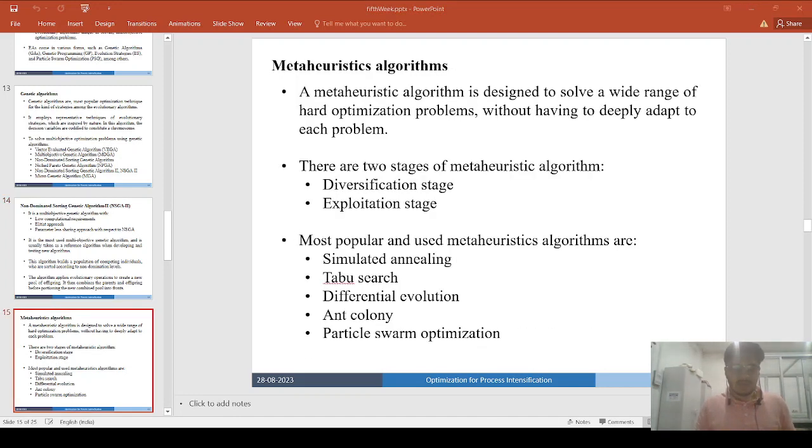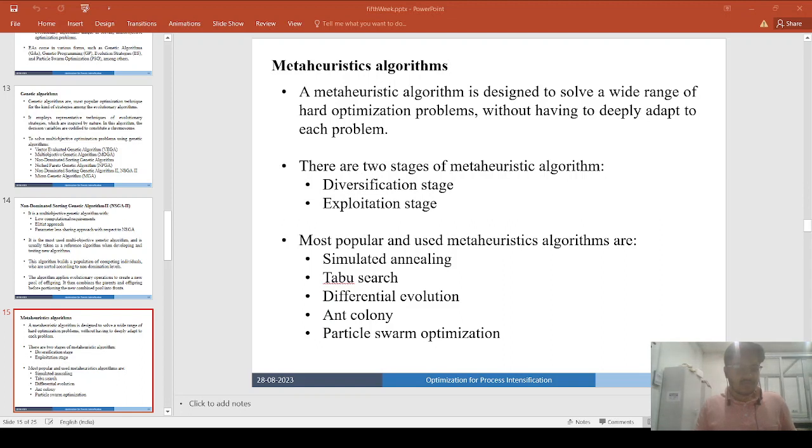A meta-heuristic algorithm is an algorithm designed to approximately solve a wide range of hard optimization problems without having to deeply adapt to each of them. Meta-heuristics are characterized by being inspired by nature, using stochastic elements, and having various parameters that must be tuned for each problem.